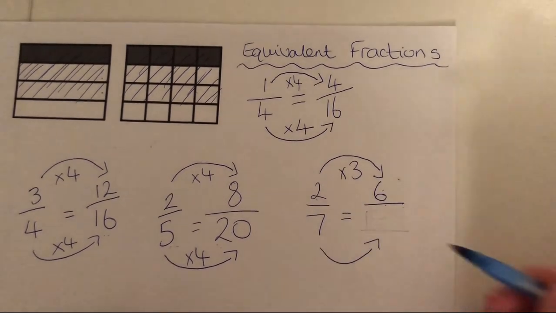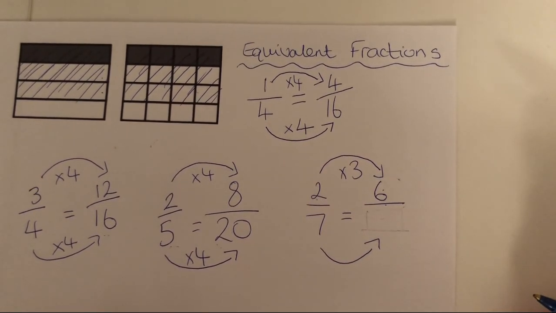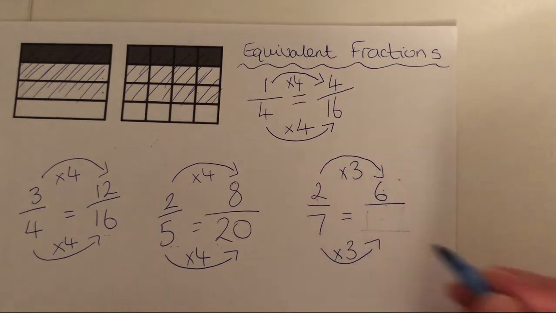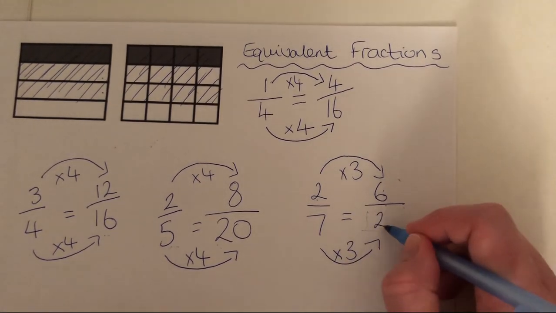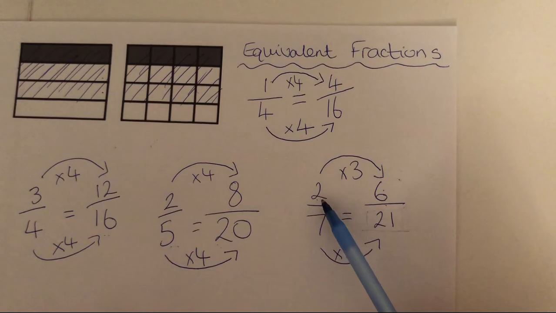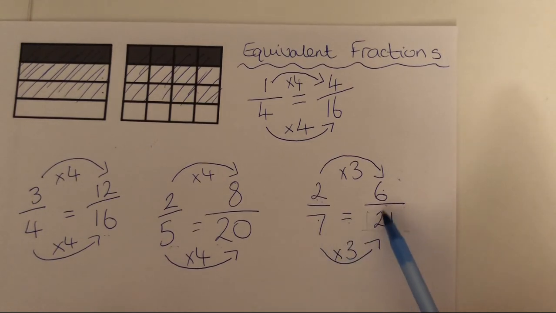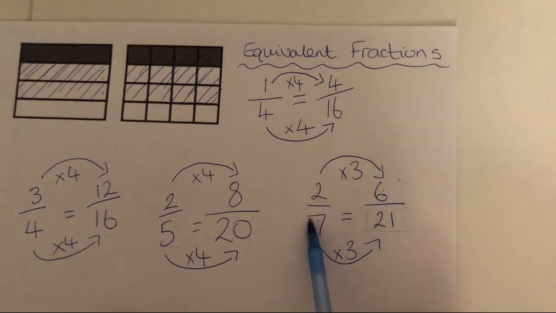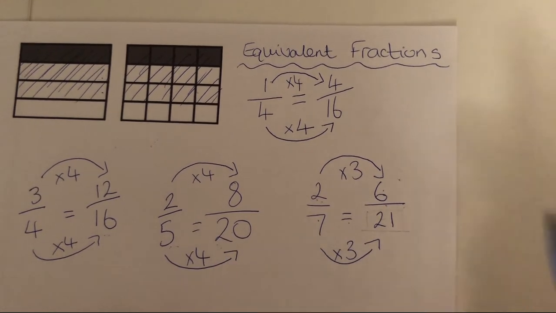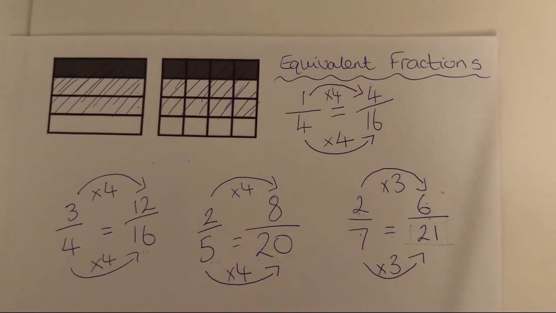And remember, we must repeat the same multiplication with the denominator. 7 times 3 is 21. 2/7 equals 6/21. They are all equivalent fractions, and that's how you work them out.